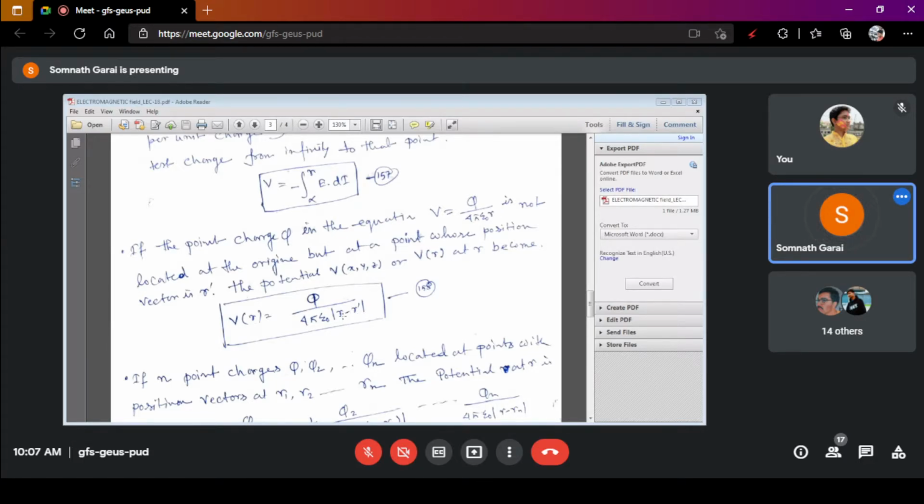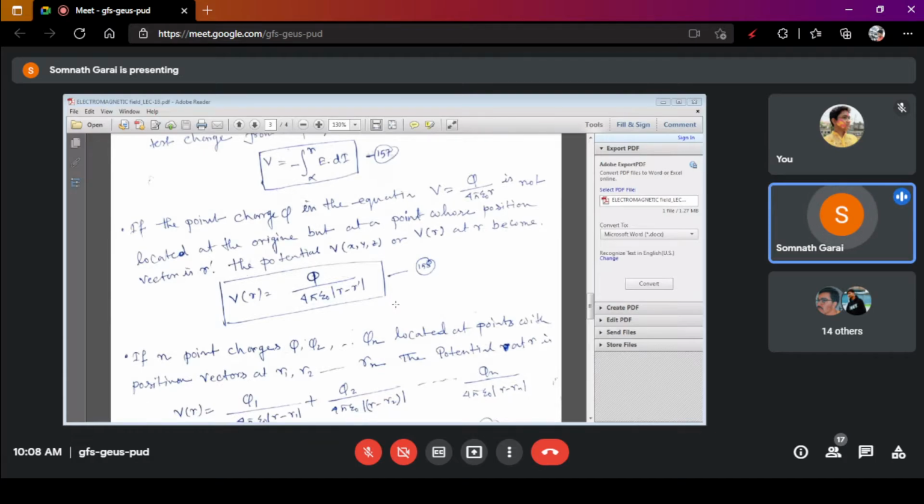So the potential at any point whose position vector is r dot is given by V of r. V of r is equal to q over 4 pi epsilon naught mod of r minus r dot, right? Okay.